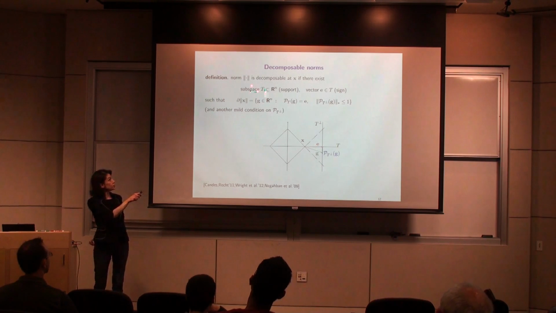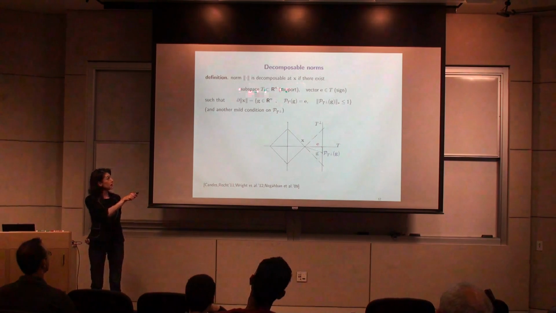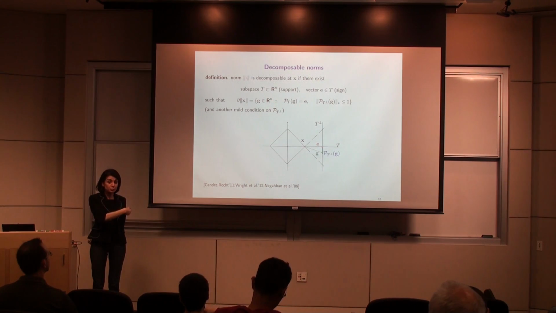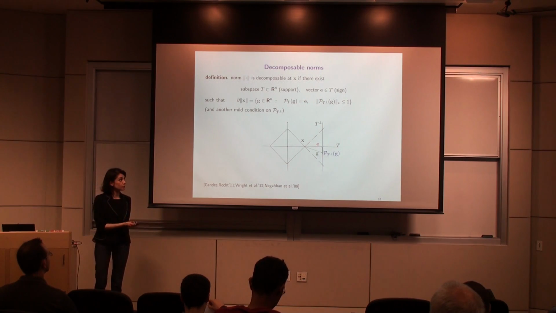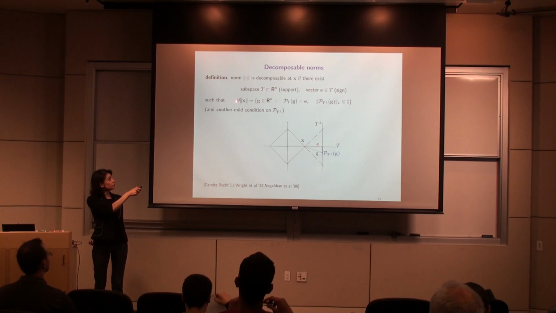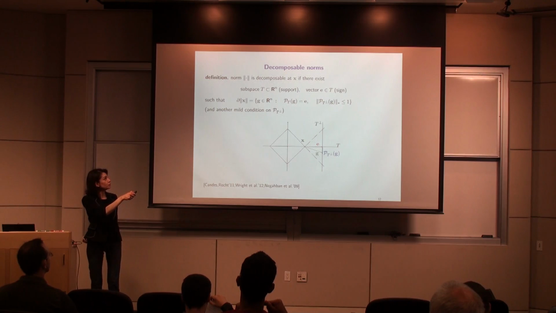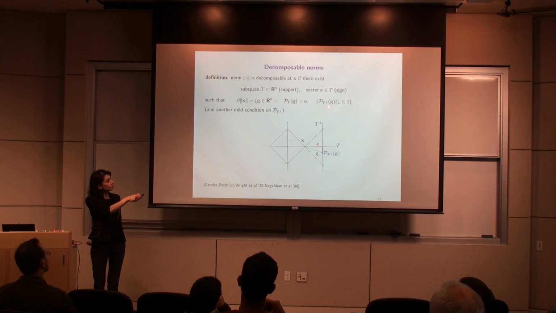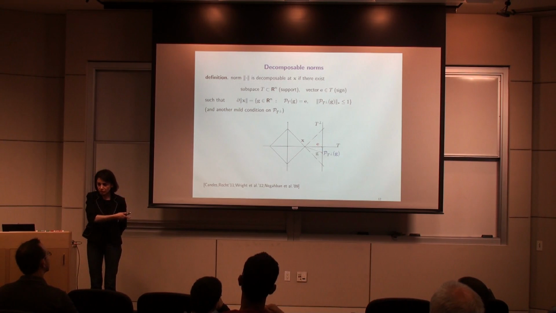Decomposable means a norm is decomposable at the point x if there exists a subspace T, which generalizes the notion of support, and a vector E in that subspace, which generalizes the notion of sign, such that the subdifferential of the norm can be represented like that. That means every subgradient of the norm at point x has a projection onto subspace T equal to the sign vector, and a projection onto the complement of T that has dual norm less than 1.